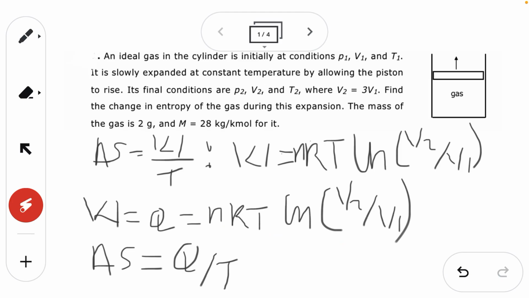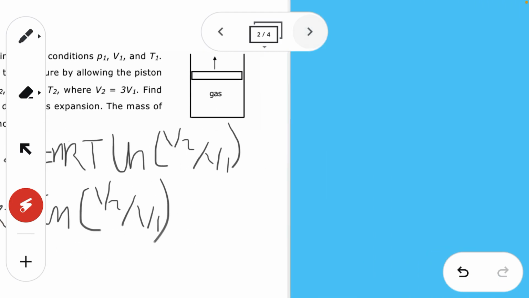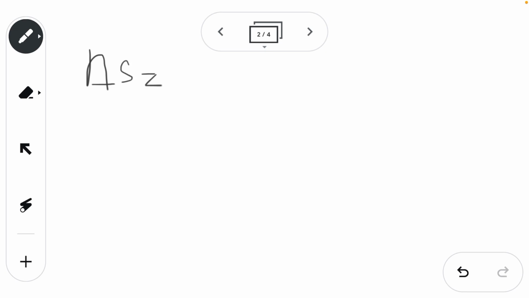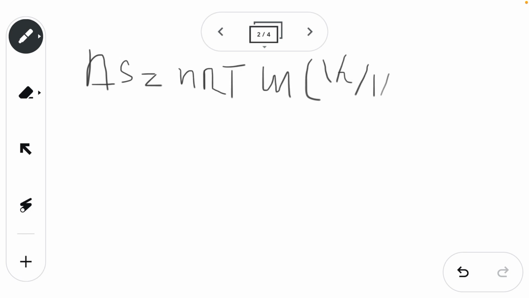Okay, so if we substitute this into the change of entropy, we're going to have change in entropy being equal to nRT natural log of V2 over V1 divided by the temperature.